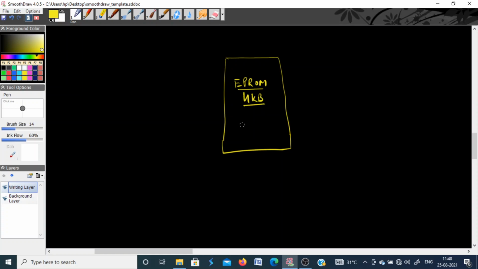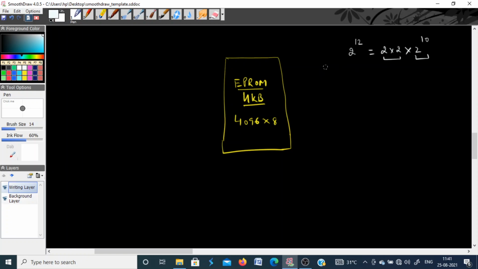Okay, 4 kilobyte means you need 4096 registers, each of 8 bit. Okay, so how many address lines are required? Yes, it's 4 kilobytes, so 4 KB means that it is 2 raised to power 12. Okay, that is 2 into 2 into 2 to the power 10. So 2 to the power 10 is your 1 KB. So 2 into 2, it becomes 4 KB.